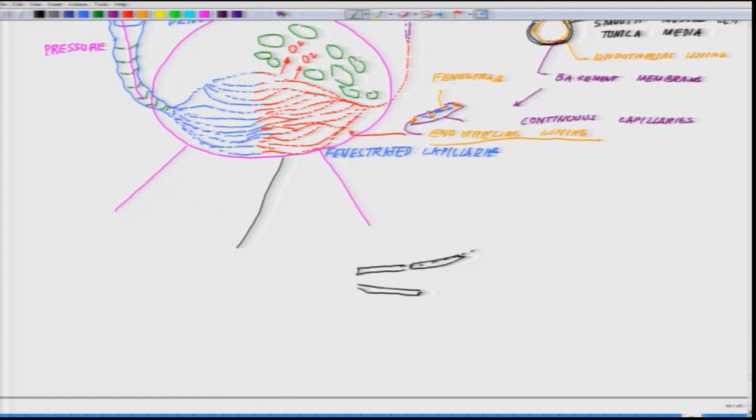So if this is how the vessel looks, you'll see the gaps between the endothelial lining, and this is what I was telling you about fenestrated capillaries. And going by the color code, these are the endothelial lining.